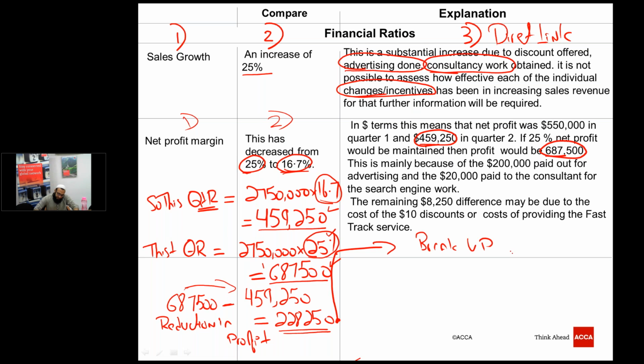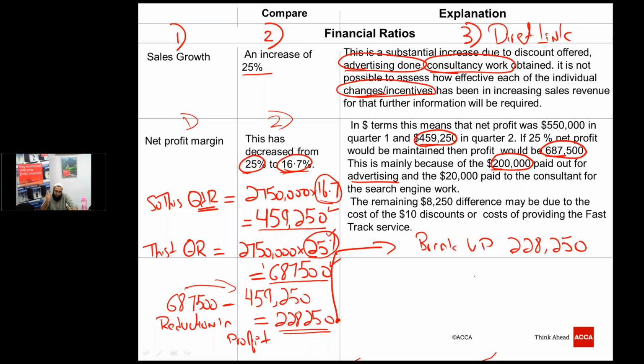So the breakup is, this is very good quantification. If you want to earn high marks, my friends, quantify it. So the breakup of 228,000: 200,000 was spent on advertisement. You liked it.